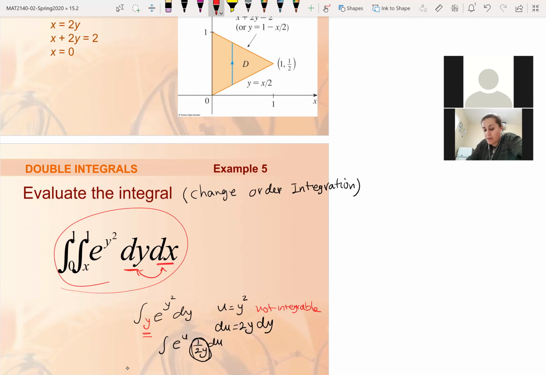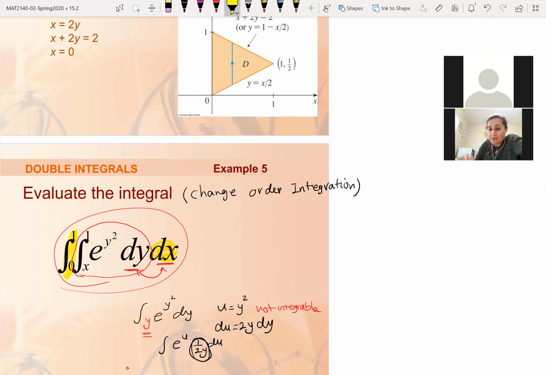In terms of x, e to the y square is going to be a constant, so I can easily integrate it. So the problem itself didn't say change the order of integration, but I know this is not possible to do as it is, but if I switch the order of integration, it will be possible. The only thing I have to remember about the order of integration is really the limits of integration over here.